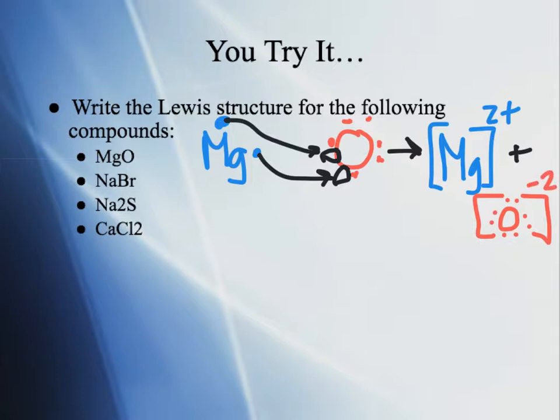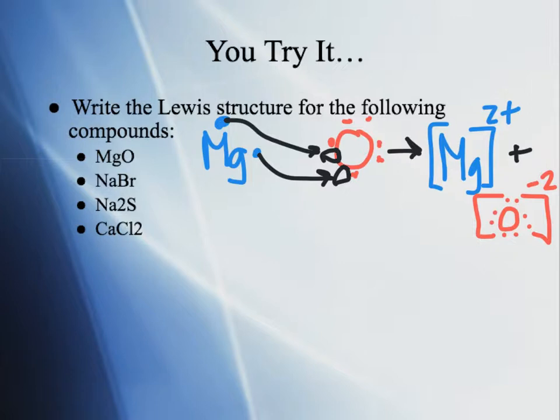All right, so that's how we would represent that: magnesium losing its valence electrons to oxygen, oxygen now having a full octet, becoming a -2 charge, and magnesium becoming a +2 charge. Now, remember, when metals lose their valence electrons, the underneath shell becomes their new valence shell, and that one is always full. So technically, magnesium also has a full valence shell as well.